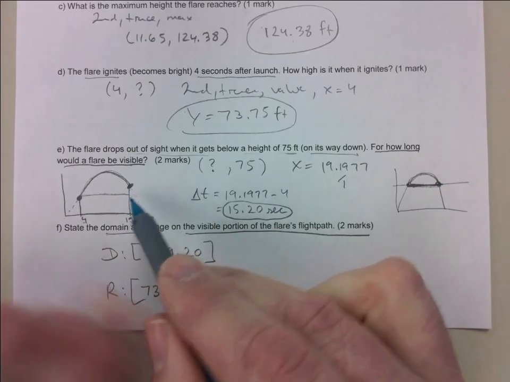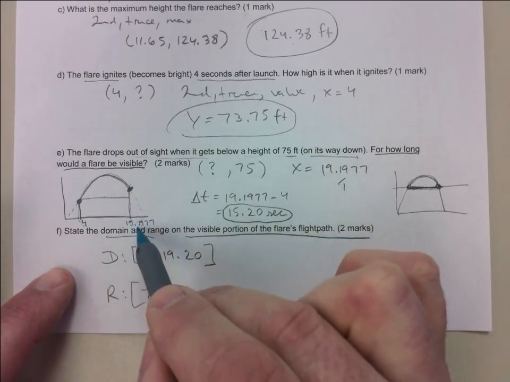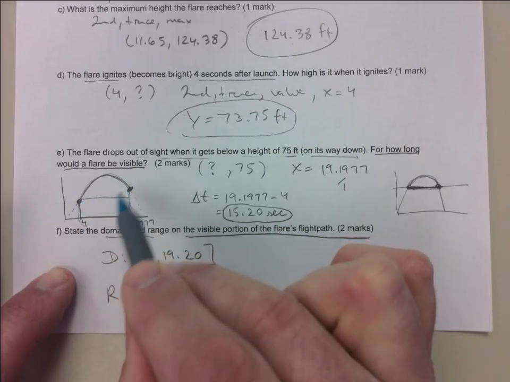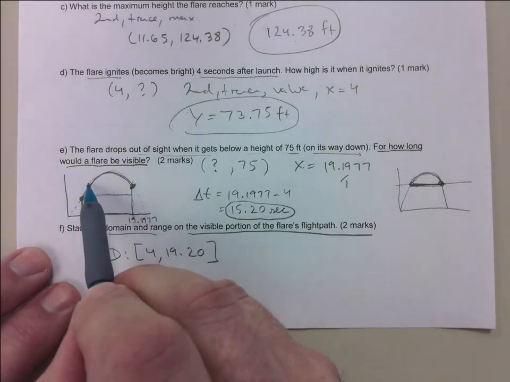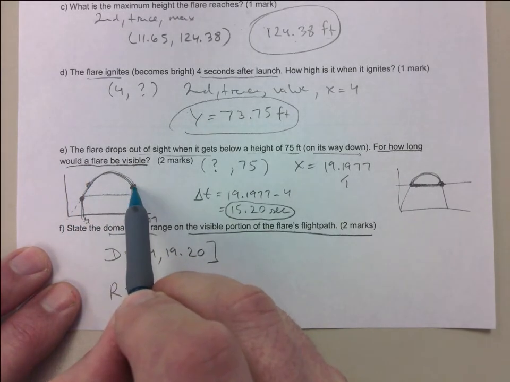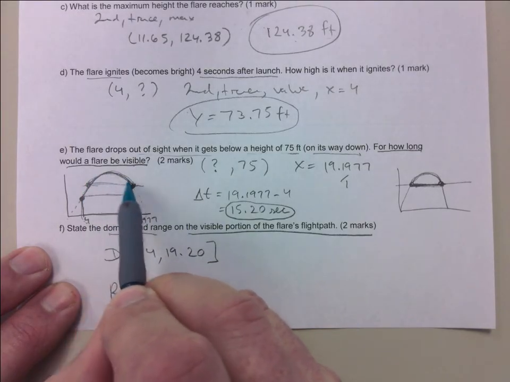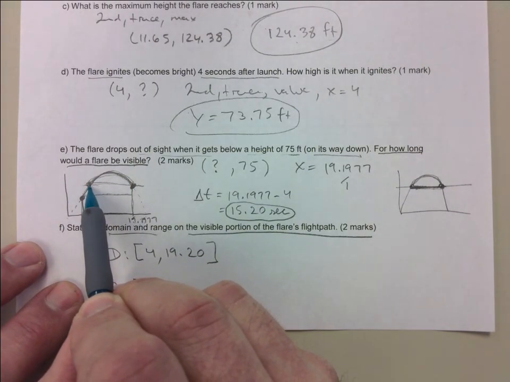This is just a little offset. But basically, if you find this time and that time and you subtract, you're finding the time spent here. Twice. Then you're telling me from here to here, right? 75 is right there. So you're finding how long it stays at or above 75.